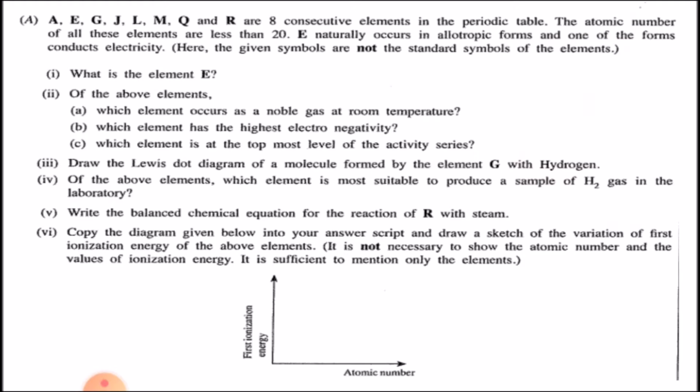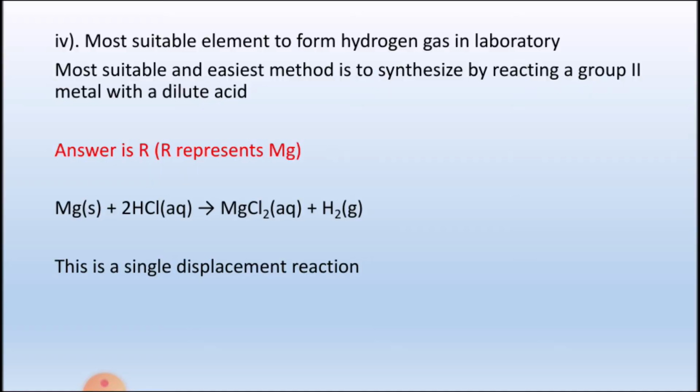Okay. Well, now we'll discuss question number 4. Which is the most suitable element for the production of hydrogen gas in the laboratory? There are so many methods for the synthesis of hydrogen gas in the laboratory, but the easiest and quickest way to produce it is reacting a dilute strong acid with a metal.